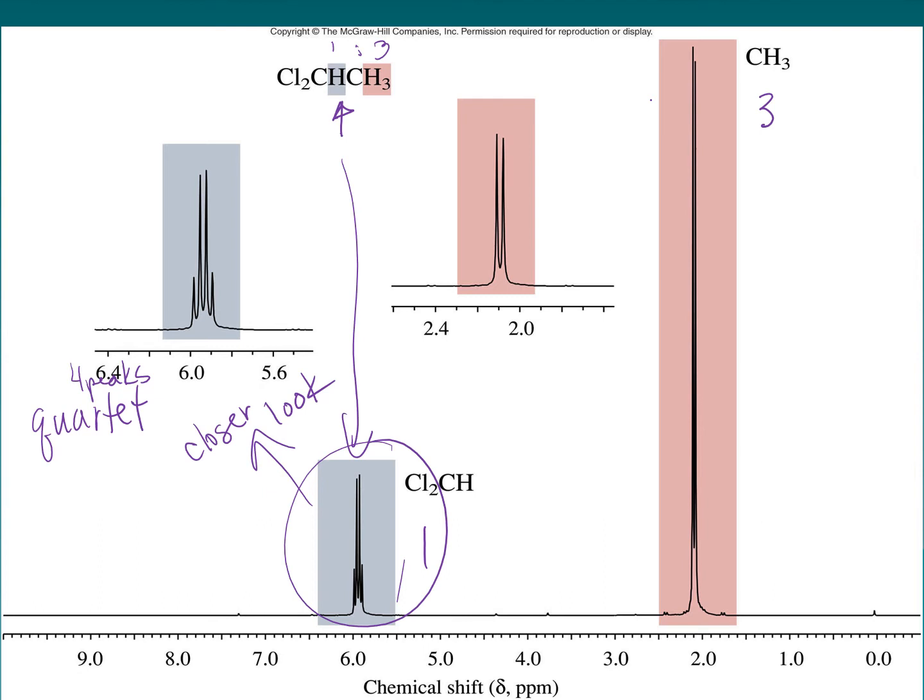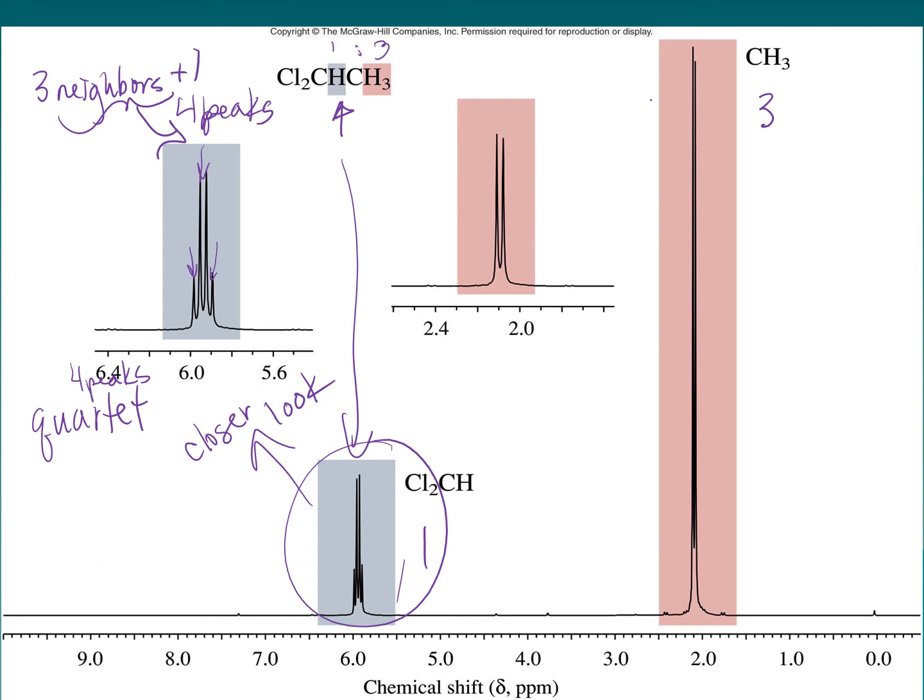So 3 neighbors plus 1 gives 4 peaks. So the gray hydrogen splits into a quartet because it's got 3 neighbors. You could also look at 1, 2, 3 valleys makes 4 peaks. So 3 neighbors makes 4 peaks.